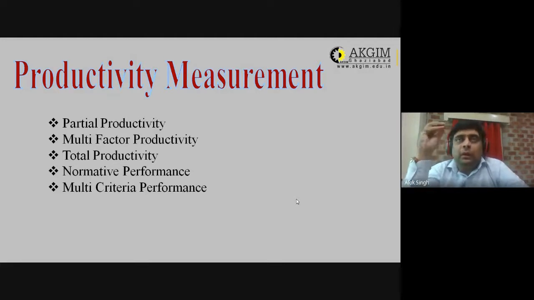Nowadays most organizations are project based. In projects there are certain teams working, and you will check the performance team to team, what a certain team is doing, and which team is better for you. For that you will check this normative performance.